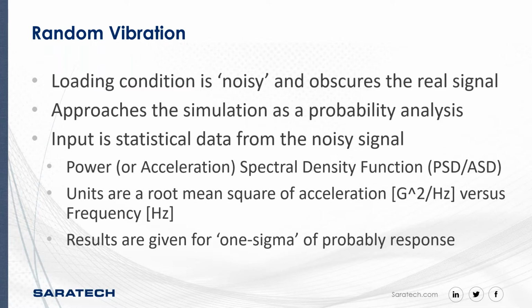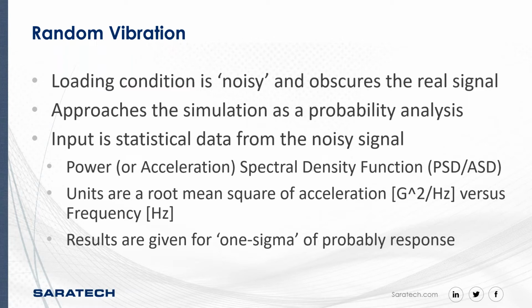And so your input is going to be in the form of a power spectral density function, also called an acceleration spectral density function. This input is technically a statistical analysis of that noisy signal. The units are going to be a bit unique in that they're going to be a root mean square of acceleration.